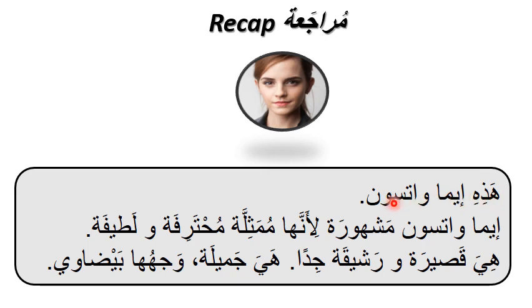هذه إيما واتسون. إيما واتسون مشهورة لأنها ممثلة محترفة ولطيفة. Let's translate together. إيما واتسون مشهورة famous لأنها because she is, and we have used here لأنها not لأنه because she is female. ممثلة actress, and then you describe her with the adjective that comes after the noun. محترفة professional ولطيفة nice.